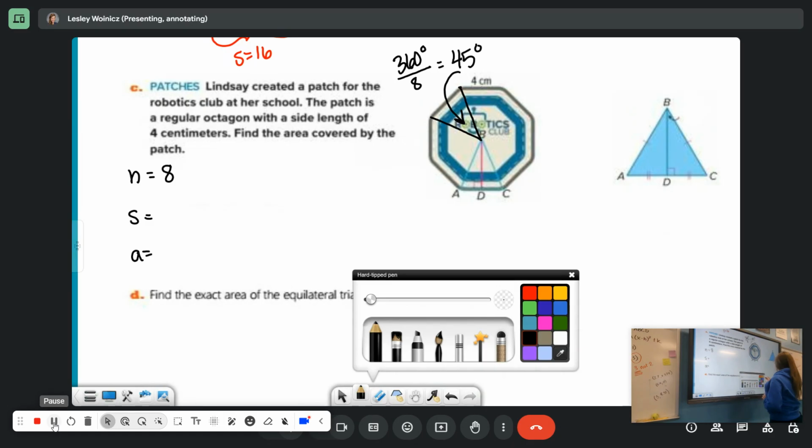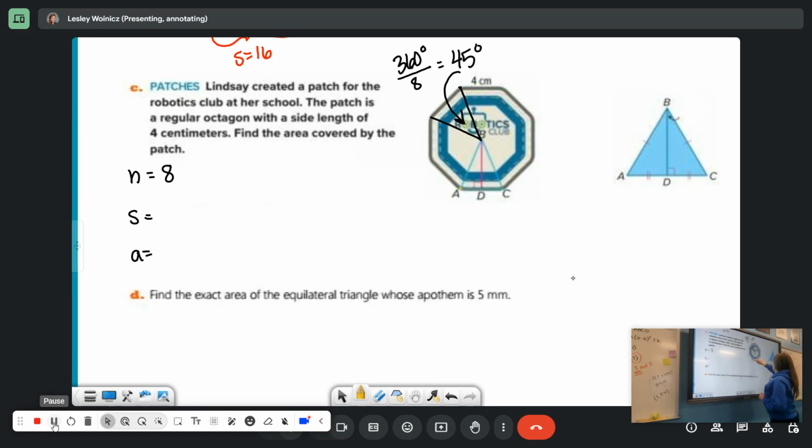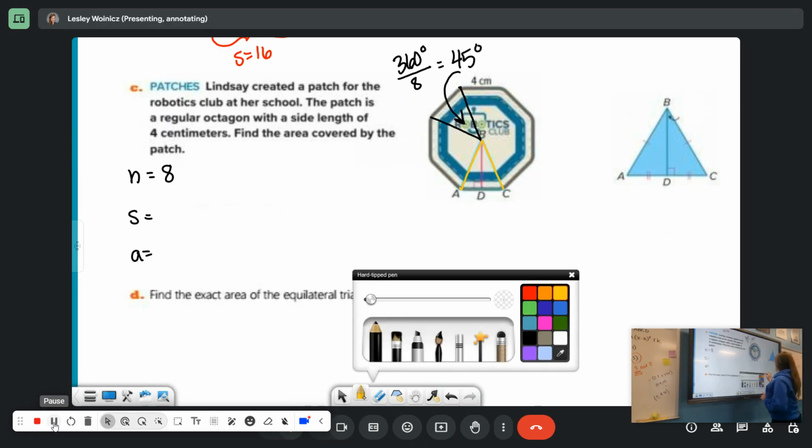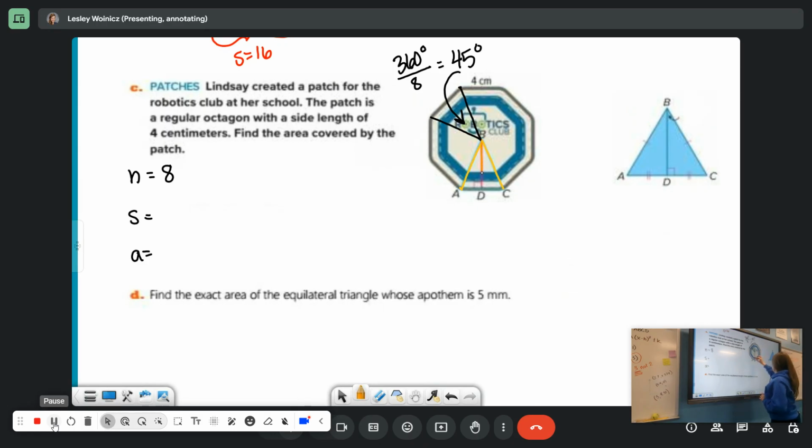Okay, and that's important because on here they have drawn for us this cute little triangle, and they've given us the apothem here. And the apothem is bisecting the side, and it's also bisecting this angle.